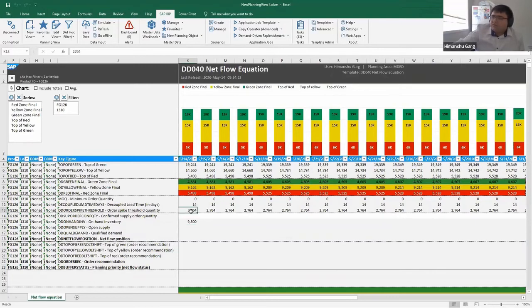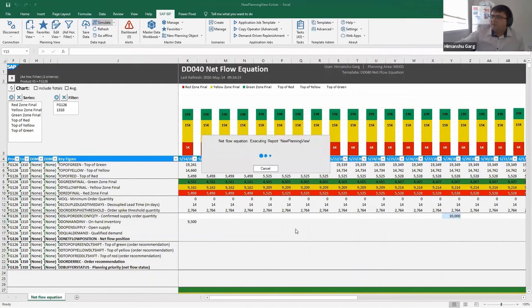Ideally, S4HANA would create a confirmed supply after your decoupled lead time, which is 14 days in this case, right? So I'll put a supply of, let's say, 10,000. And then we'll simulate it just to see what our net flow position is.